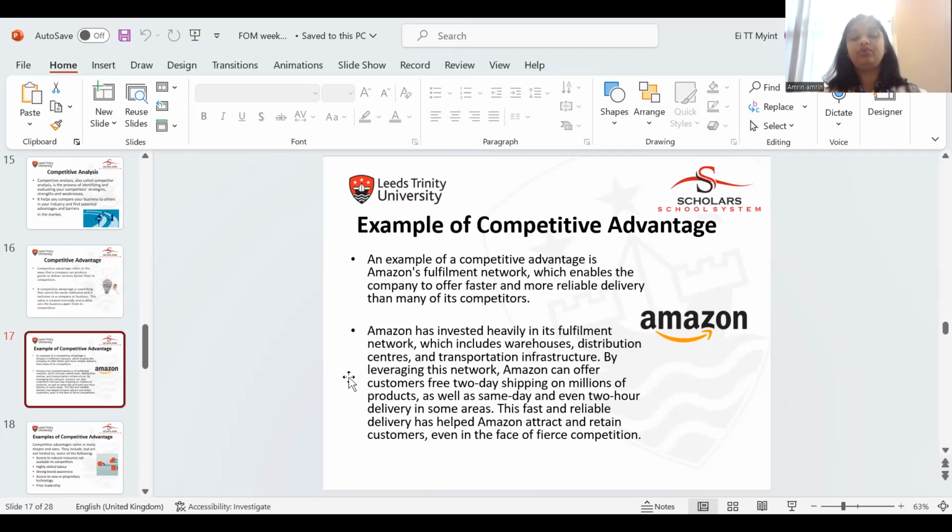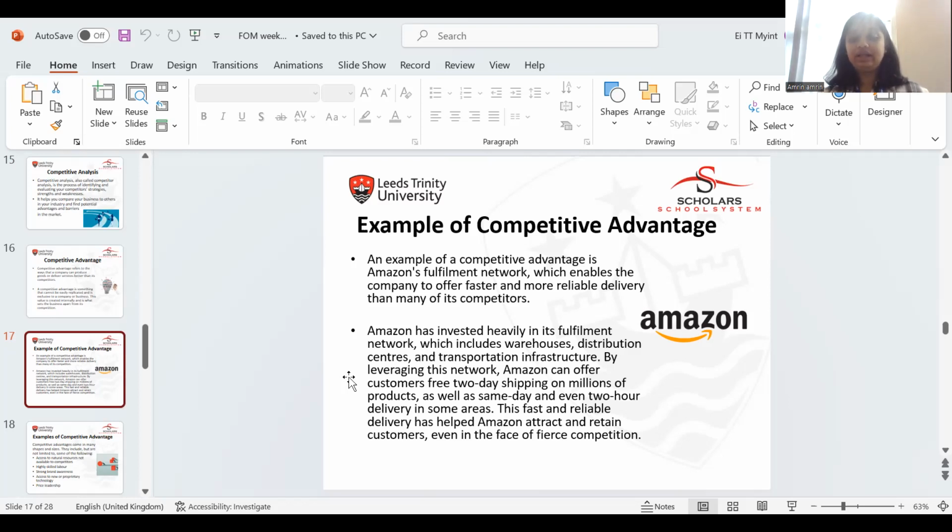That helped them grow a lot, because they have gained people's confidence. Whenever you shop, they give you the option of same-day delivery, 2-hour delivery, or next-day delivery. Even if you need to pay a little more to get these exclusive options, it is possible for Amazon to do all those things.